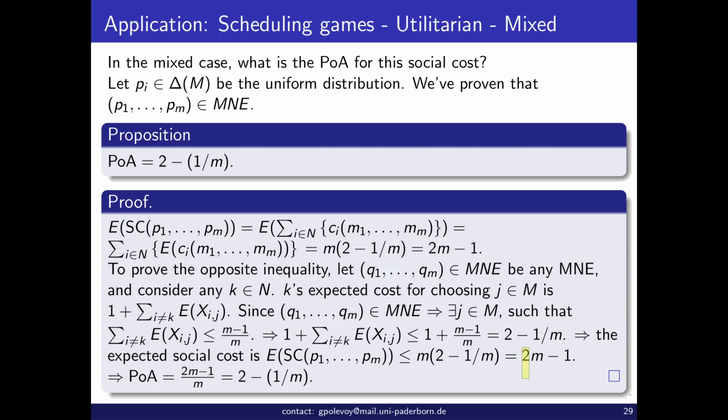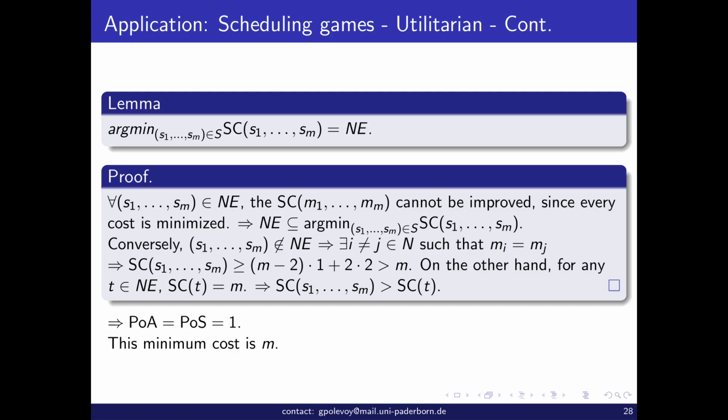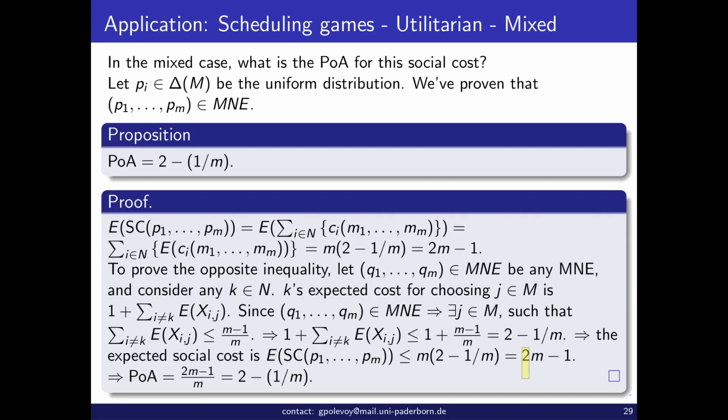By the way, recall that a pure equilibrium, which is also mixed, incurs only the cost of m, but the maximum cost is 2m minus 1. And there exists an equilibrium which incurs exactly this cost, namely this profile P1 till Pm, which is the uniform distribution.